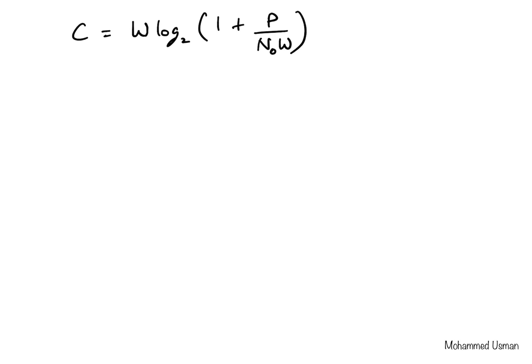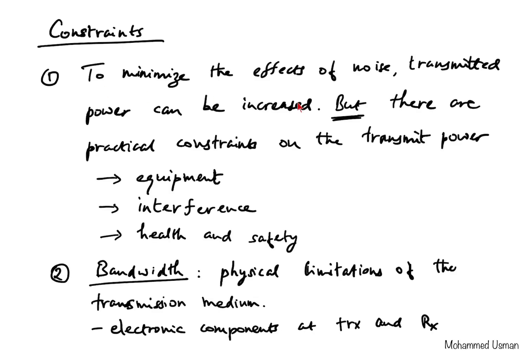So one of the constraints, bandwidth, is showing up in this equation for the capacity of the channel, and the transmitted power P is also showing up in the capacity. So these two parameters, the transmit power as well as the bandwidth, there is a constraint on them.